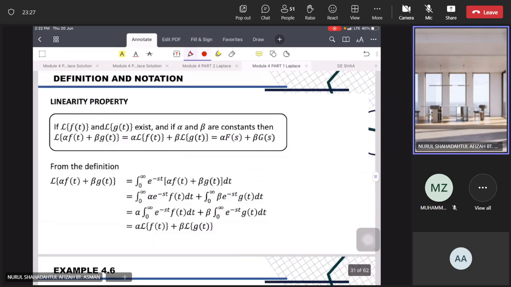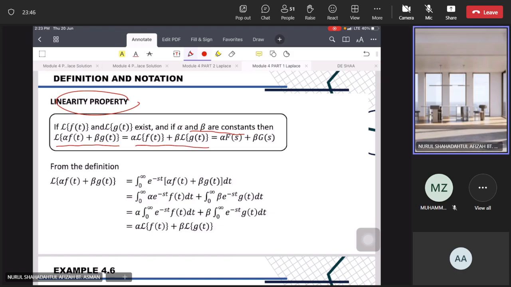So this is the linearity property. If L of the function f(t) and the function g(t) exist, and if alpha and beta are constants, then this is the value that you will get.